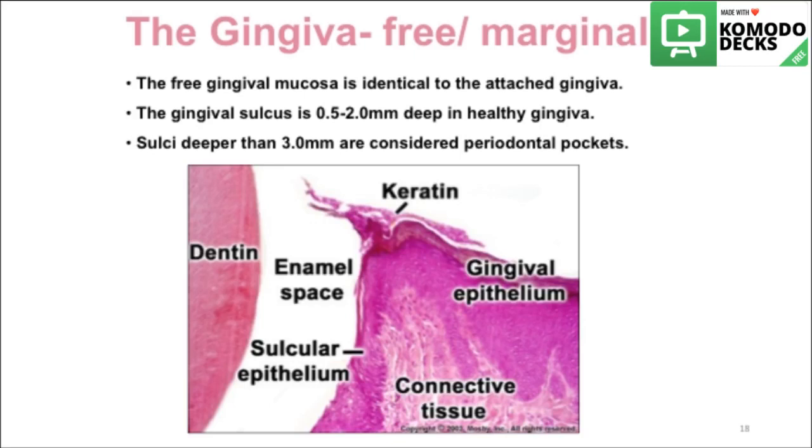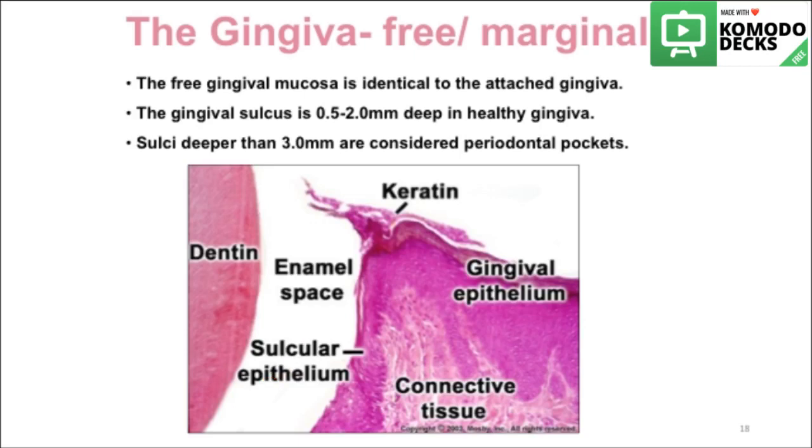The free gingiva is identical to the attached gingiva, and normally we have a gingival sulcus. Here's the enamel space, here's the gingival sulcus reaching to the cemento-enamel junction.